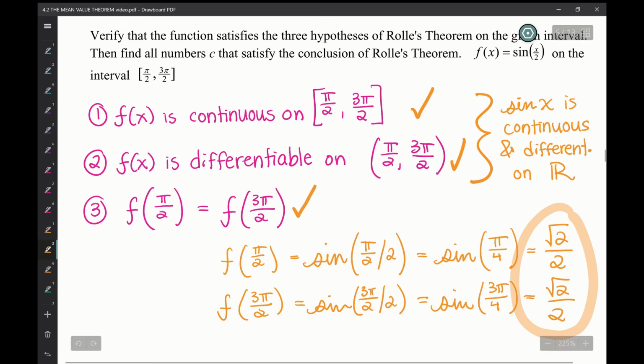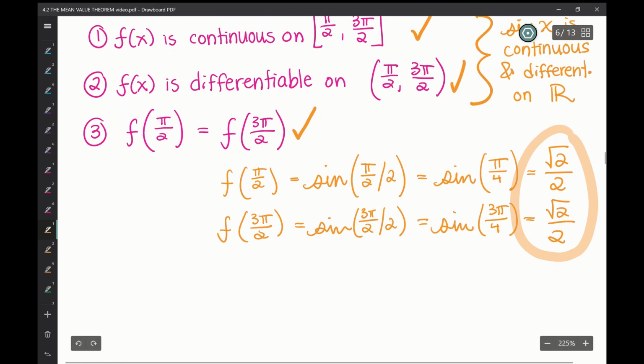So we've verified the three hypotheses of Rolle's theorem, and we can state our conclusion.